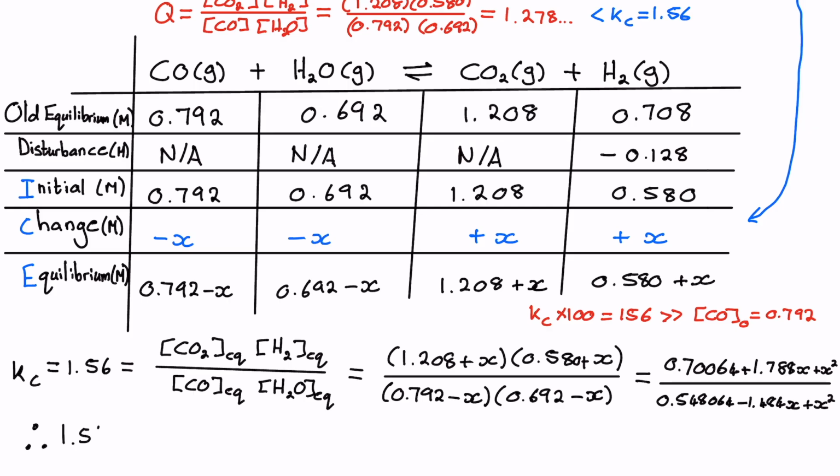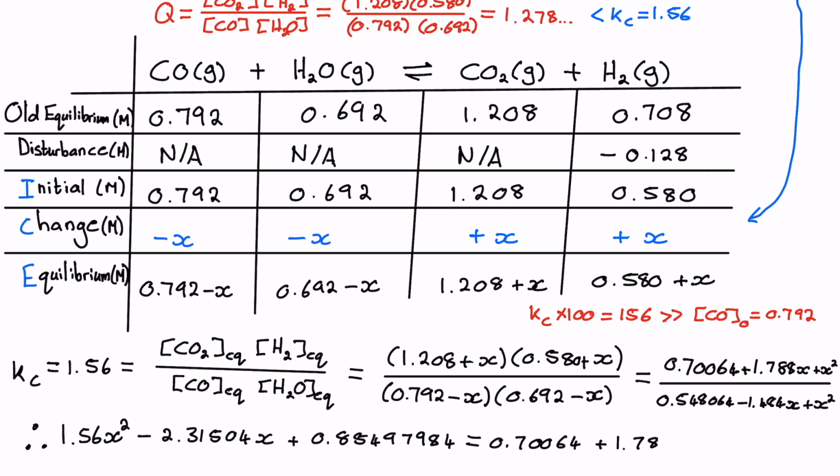Okay, and now let's expand it to one line. I get 1.56x squared minus 2.31504x plus 0.85497984 equals 0.70064 plus 1.788x plus x squared.